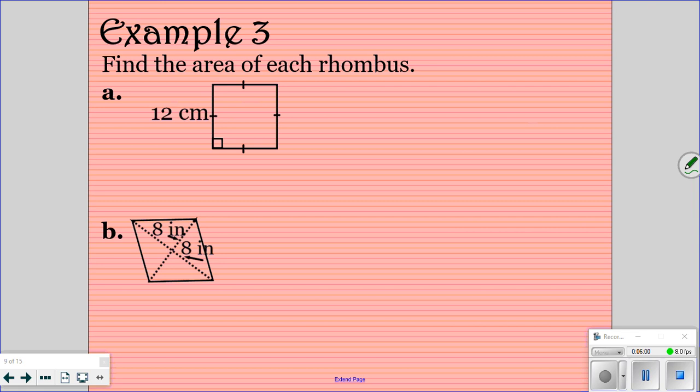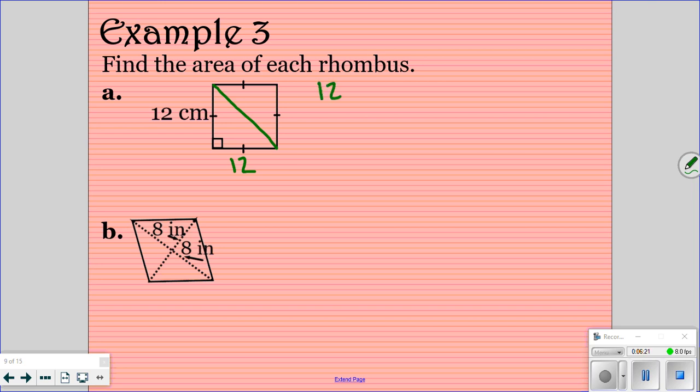So we want to find the area of each rhombus. So we first have to find the length of the diagonals. They didn't give it to us. So if this is 12, this one is 12. And it's a right angle, so we can use the Pythagorean theorem to find our diagonal.